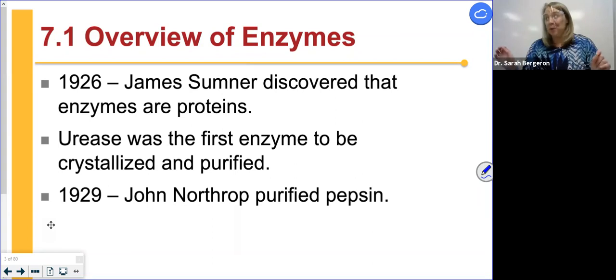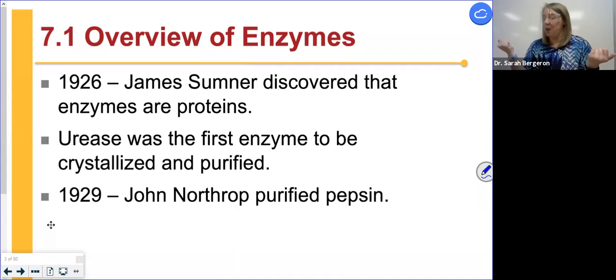That is super important. And the last thing is that enzymes are not changed by the reactions that they catalyze. They're reused over and over again. And they can be both proteins and RNA.